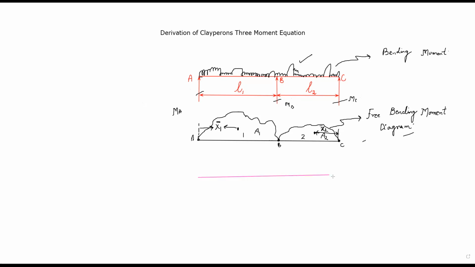Let's suppose the value of the bending moment here is equal to MA. Here the value of the bending moment is, for example, equal to MB. And here, let's suppose, it is equal to some MC. Okay, and join these points.